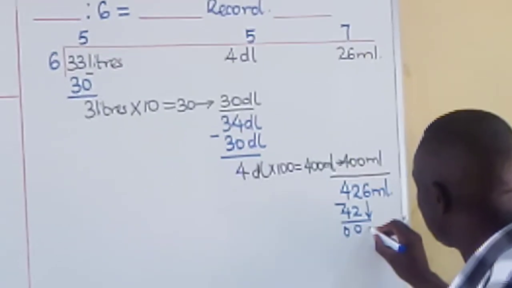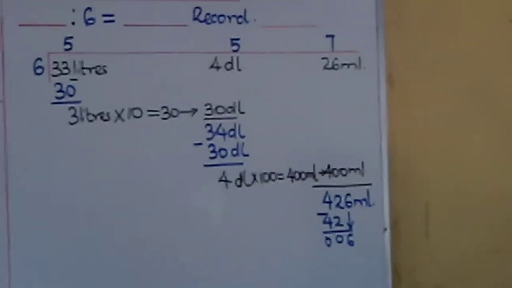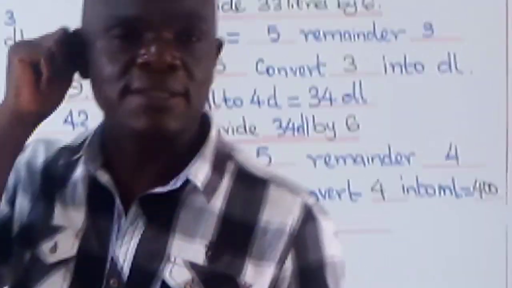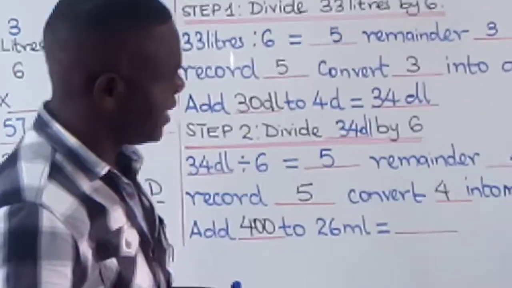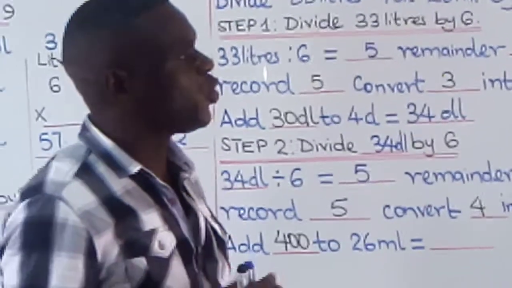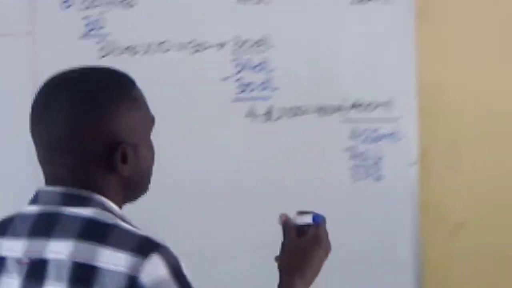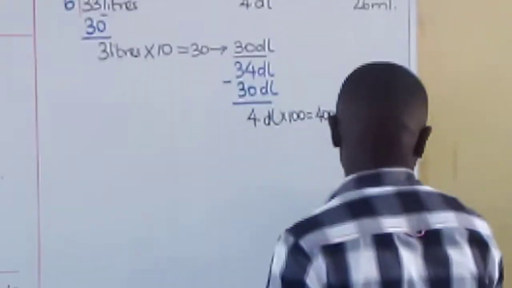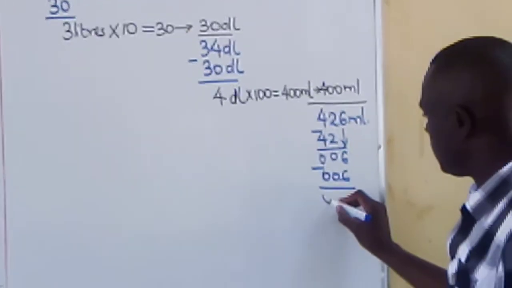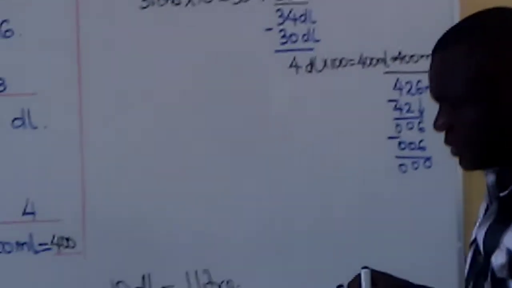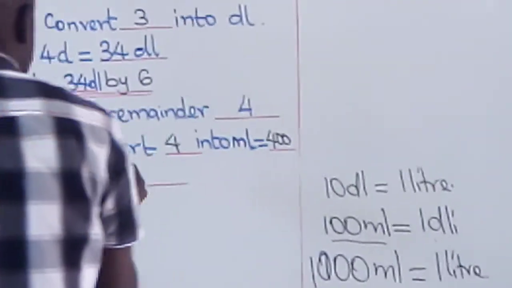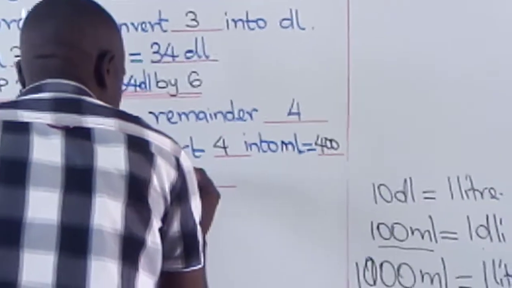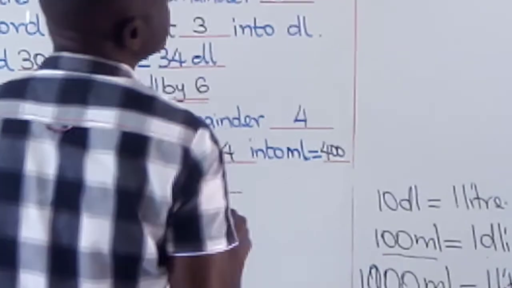We draw down 6. So what is 6 divided by 6? John Wayne. Please clap for John Wayne because he got it right. It is 1. Then we subtract and get 0, 0, 0. And so the answer here we are writing is 71.